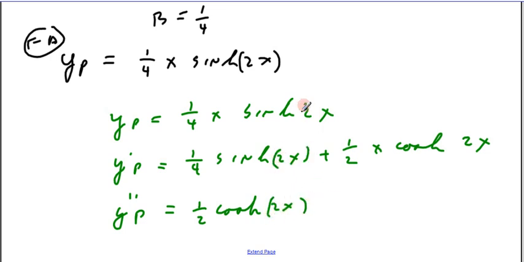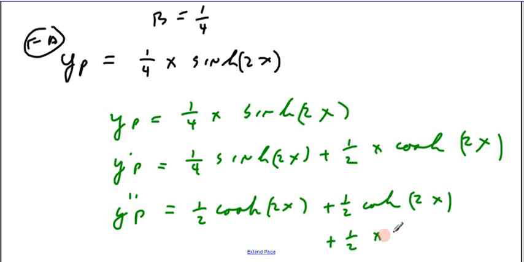Put parentheses around these things so that we have some idea. Plus 1/2 hyperbolic cosine plus, 1/2 x, no, 1x hyperbolic sine 2x.